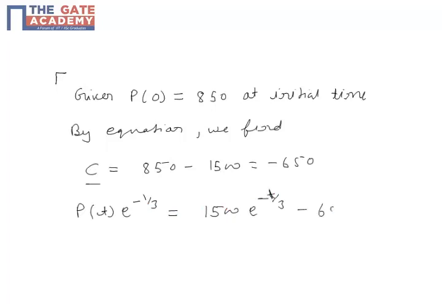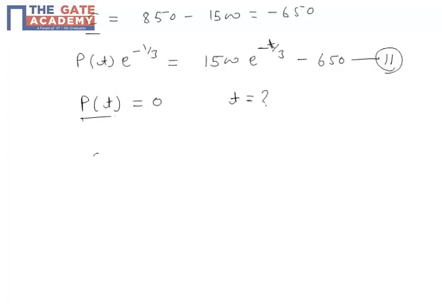Now, what we want to find is the time at which the population becomes 0. How can I find it? I put the value of p(t) equal to 0 in this equation. So it becomes 0 equals 1500 e to the power minus t/3 minus 650.